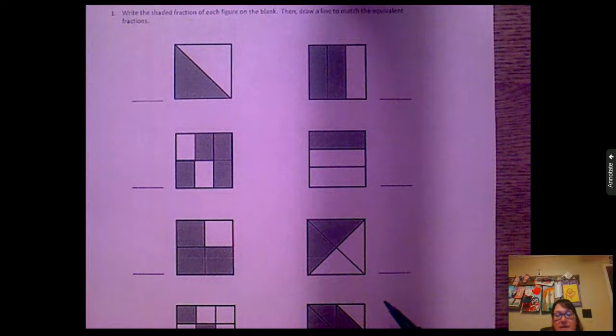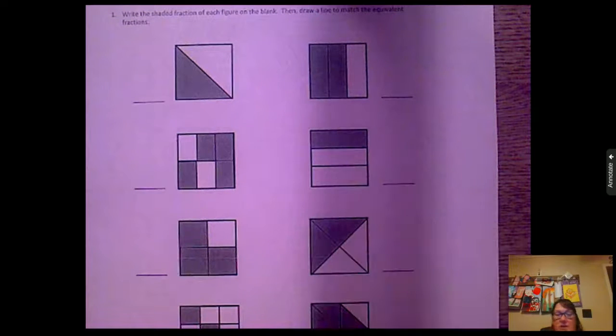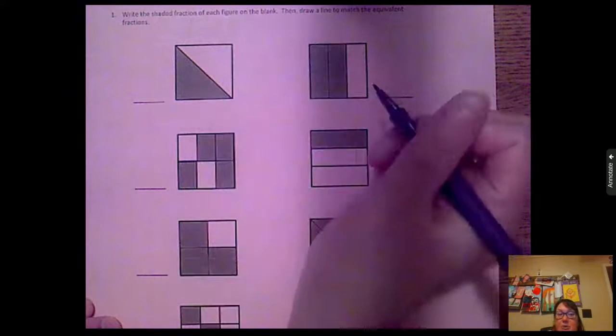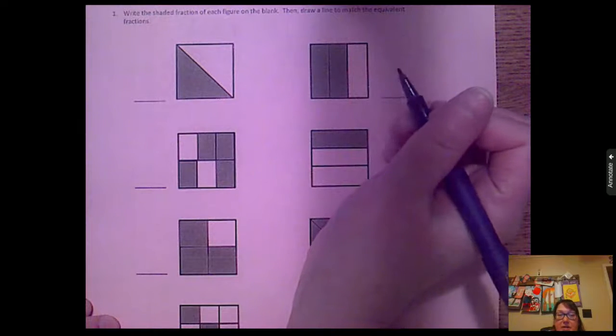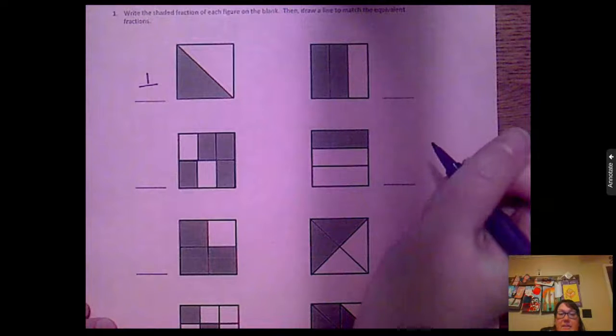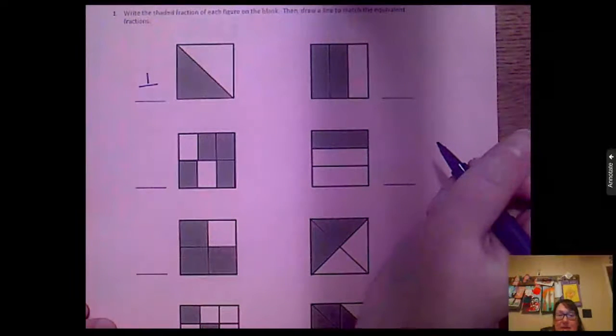Let's do a couple together, and then if you want to pause and finish writing down the fractions, you certainly can do that. The first one here, our numerator, our number on top, will be how many are shaded, and there's 1 shaded. Remember, the number on the bottom, the denominator, is the total number of pieces, and there's 2 total pieces there.